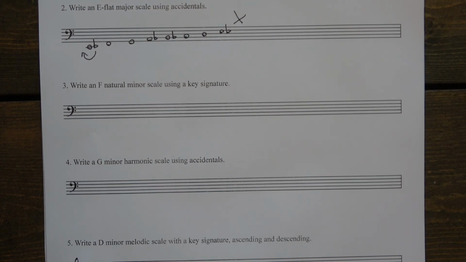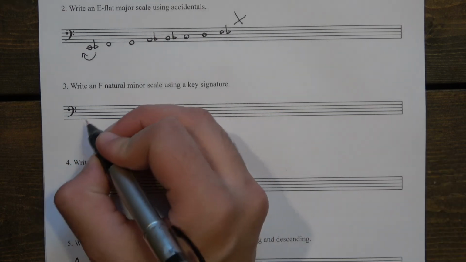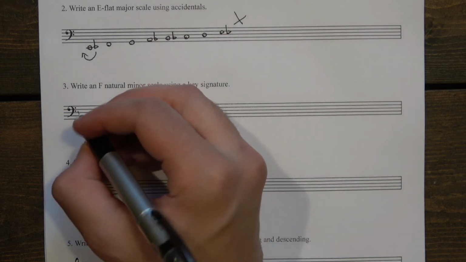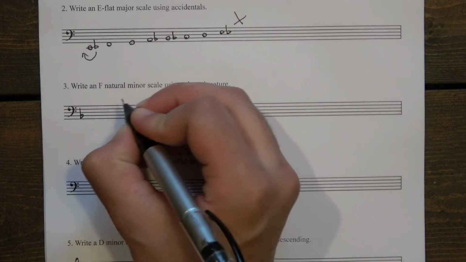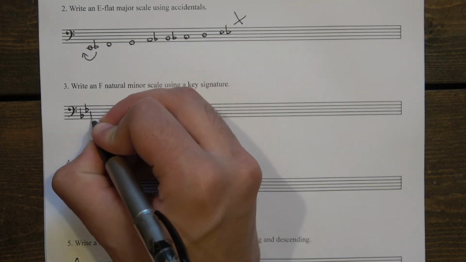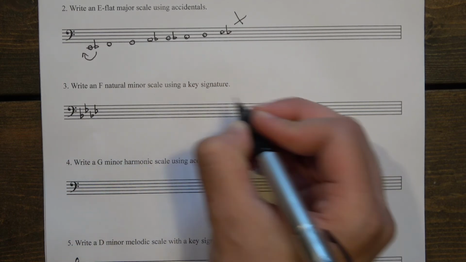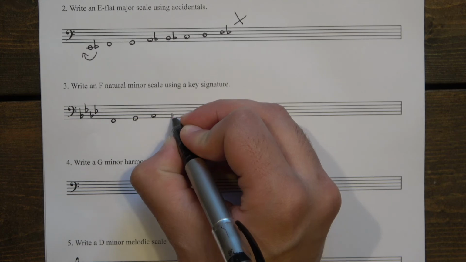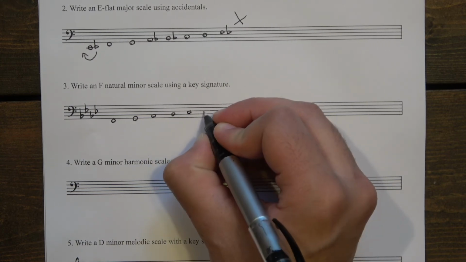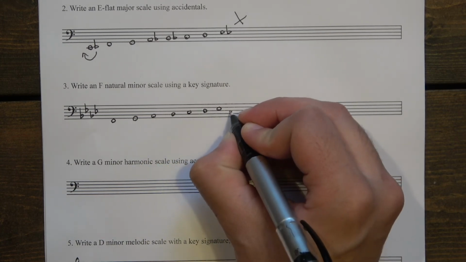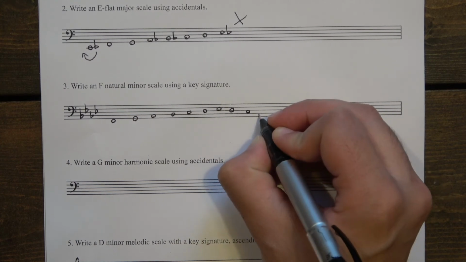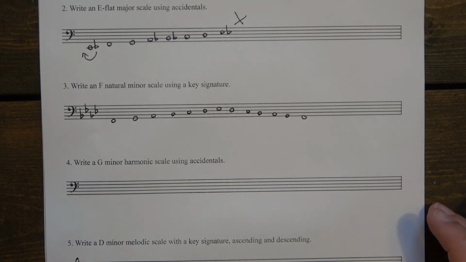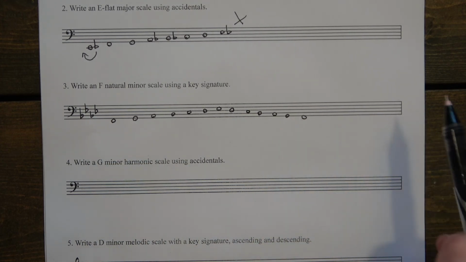And last thing I see all the time is something like this. Write an F minor natural scale using key signature. Key signature of F minor is 4 flats, no sharps, and I see this all the time. So from a distance, this looks like a scale.